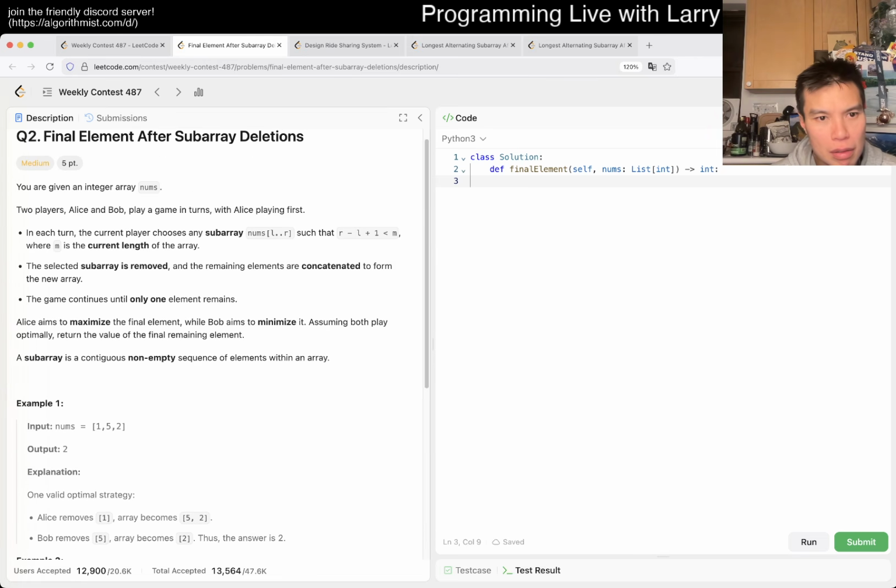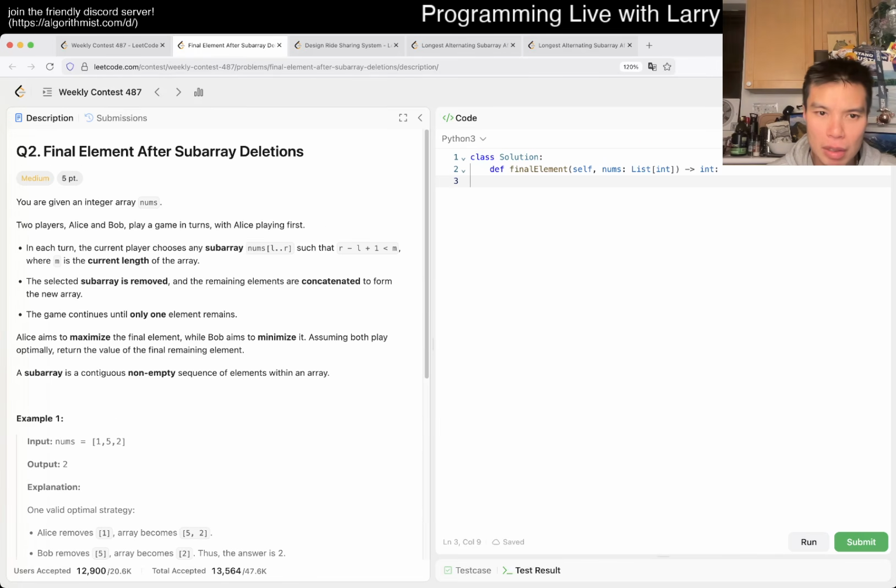Alice will always, alright, so just always improve on the answer by deleting the minimal. Right? Is there a binary search of like Alice's moves? I don't know that I know this one. This is such a weird one.